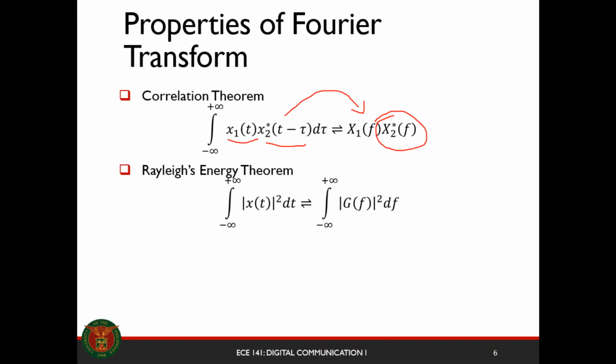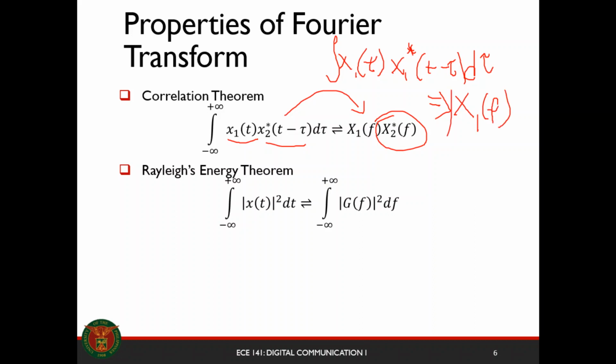So it follows that if we get the autocorrelation of x1 of t with itself, then we're just getting the integral of x1 of t with its conjugate multiplied to t minus tau d tau. Okay? And this actually becomes x1 of f multiplied by the conjugate of x1 of f, which is equal to the magnitude of x of f squared. Okay? So this is basically your cross correlation. And this is your power spectral density for your deterministic signal.